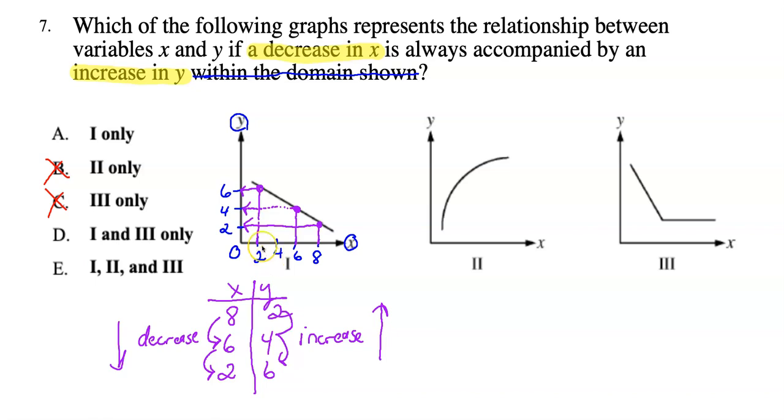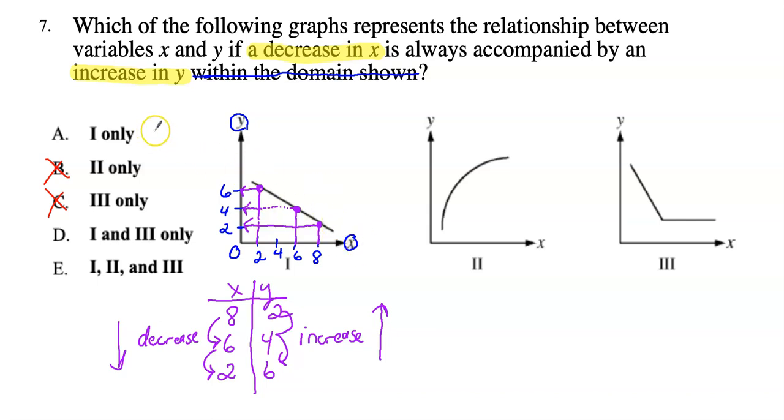Now, what we have shown is that a graph that slants in this direction is going to fit this description. Let me explain. When I'm teaching algebra or math, I always tell students to read graphs from left to right. From left to right. And that's especially true if you want to figure out if the slope is positive or negative.